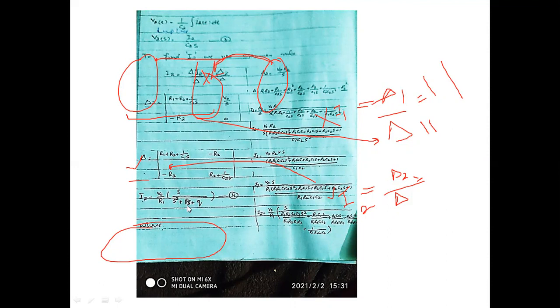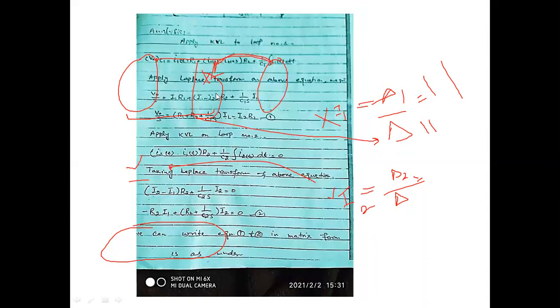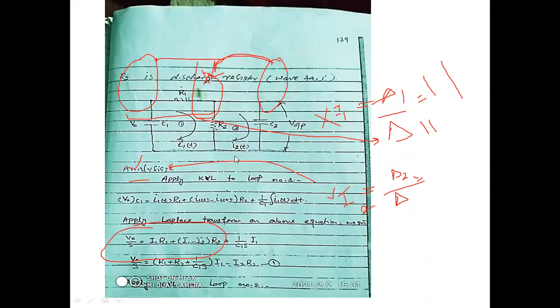This p is equal to 1 over R2 C2 plus 1 over R1 C1 plus 1 over R1 C2. All four parameters are involved in this p, and all of these four parameters are constant values: R1 is a constant, R2 is a constant, C1 is a constant, C2 is a constant. All of these will be given in this circuit.